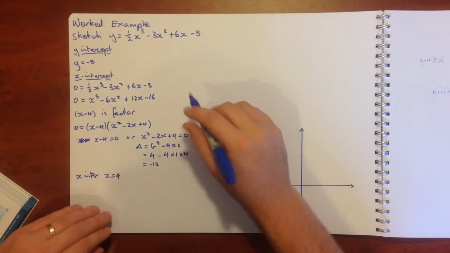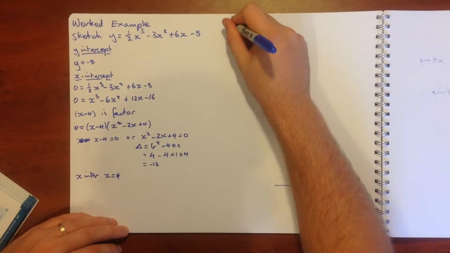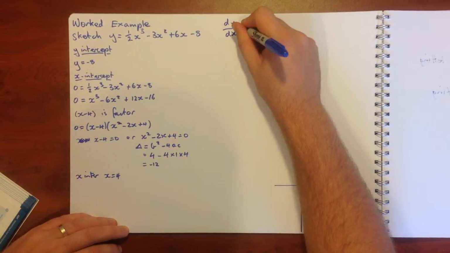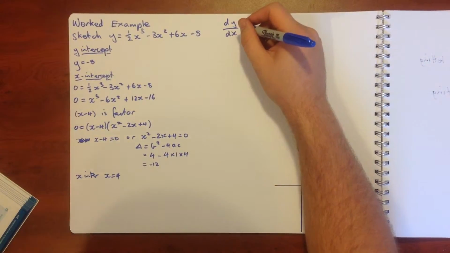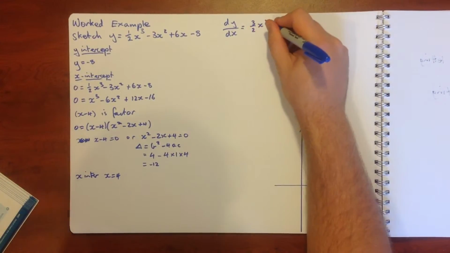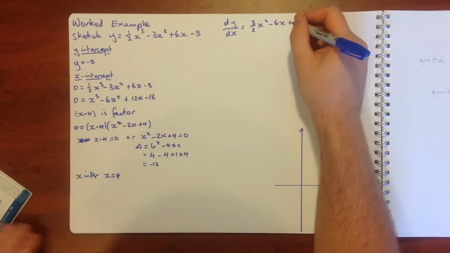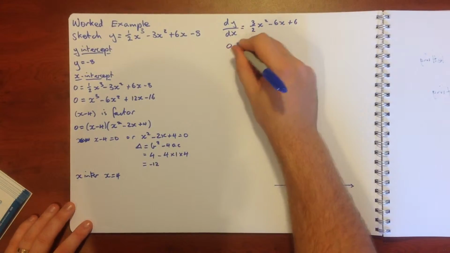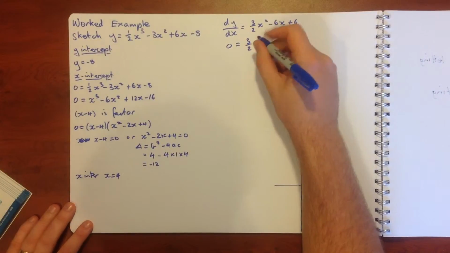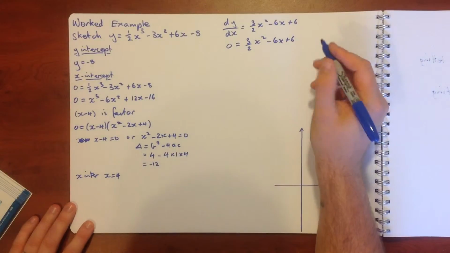To look at our stationary points, what we need to do is find dy dx. So our dy dx gives us 3 on 2x squared take 6x plus 6. We've got to let that equal 0 now. So 0 equals 3 on 2x squared take 6x plus 6.